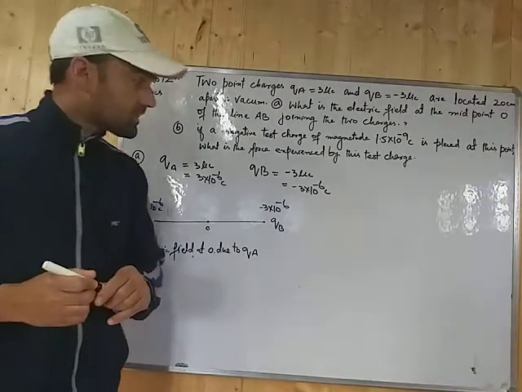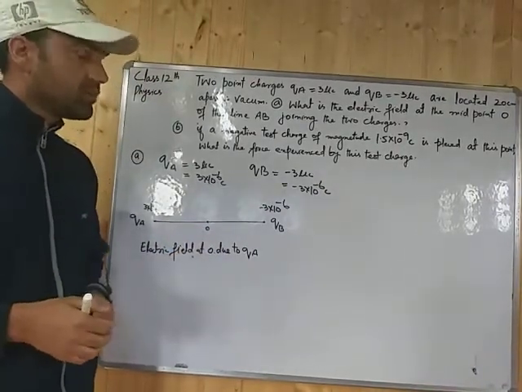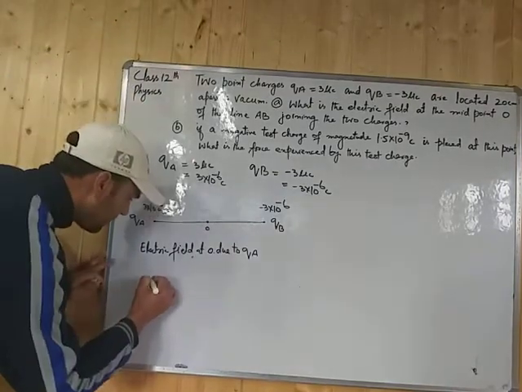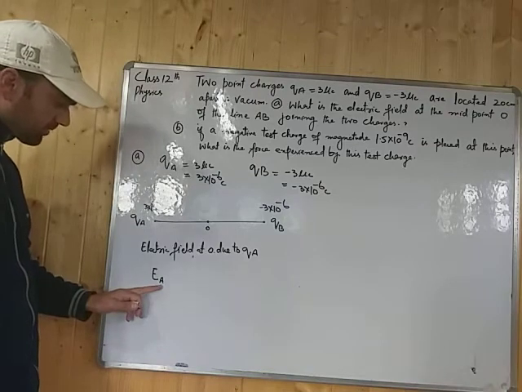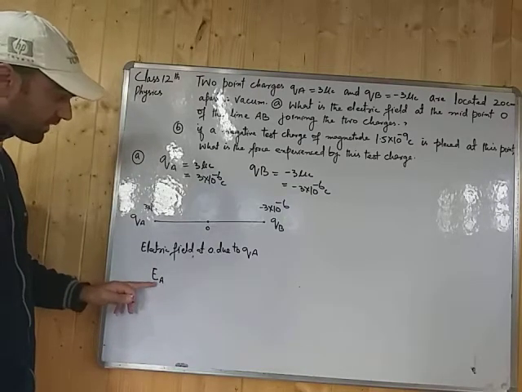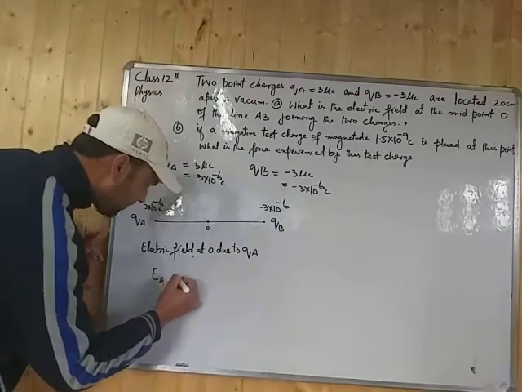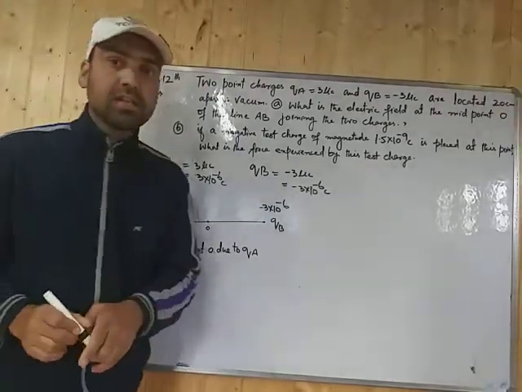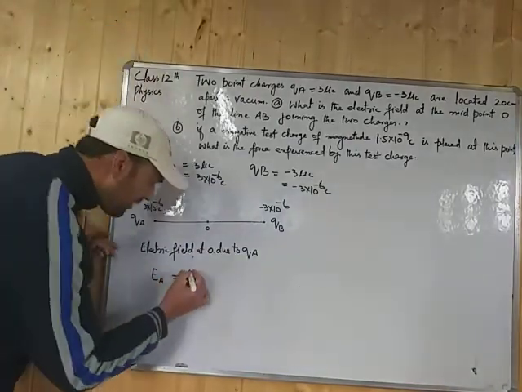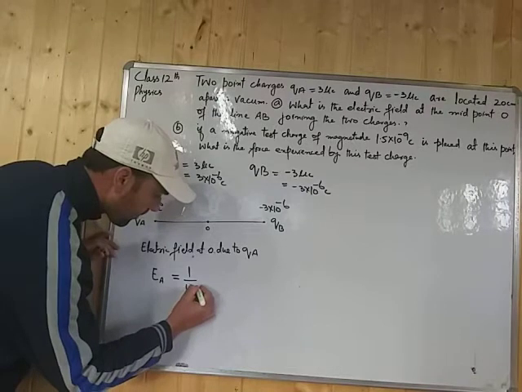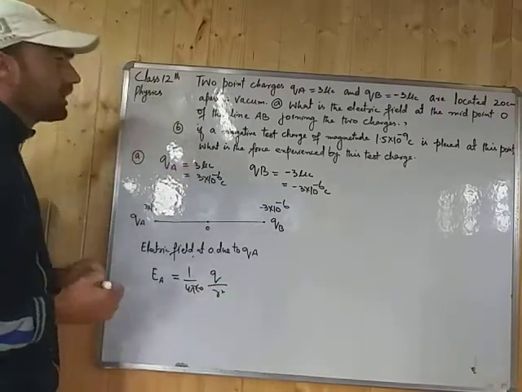We have already discussed the electric field at a point due to a single point charge. This electric field we represent by EA, that means the electric field at point O due to QA. We know that the electric field intensity at a point due to a single point charge is 1 divided by 4 pi epsilon naught, Q divided by R square.